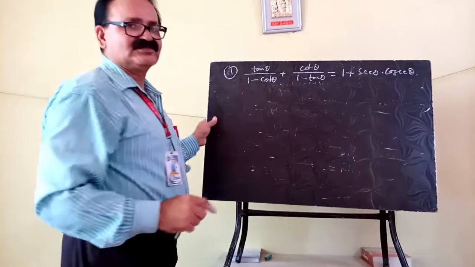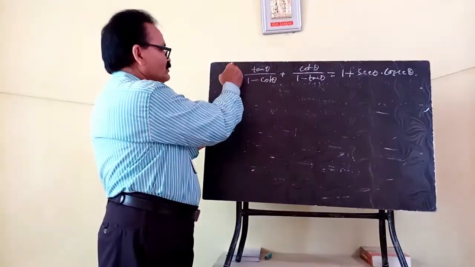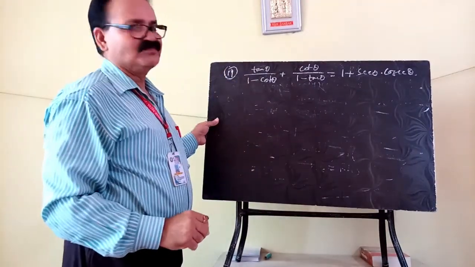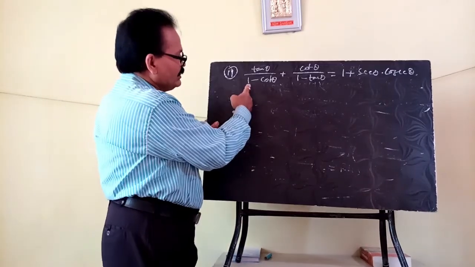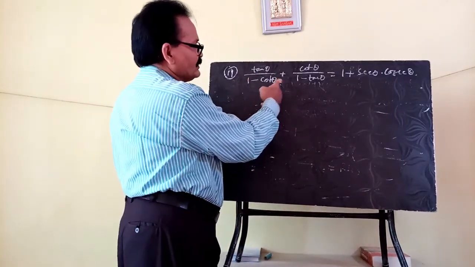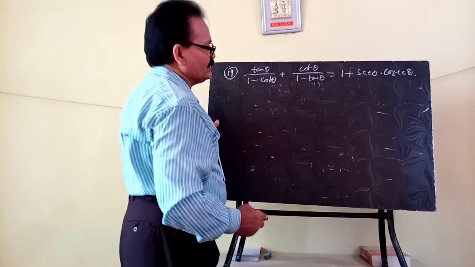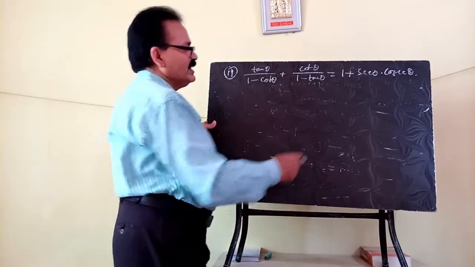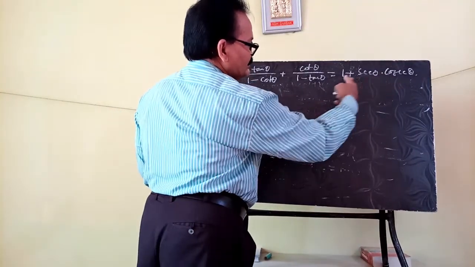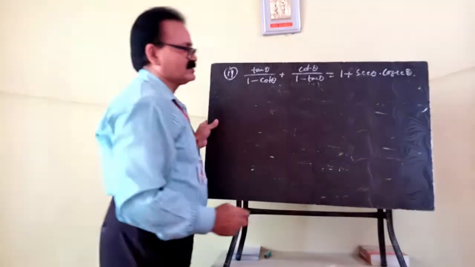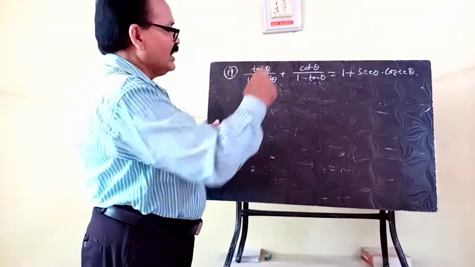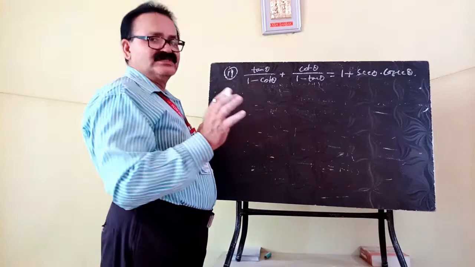So your next question is question number 2. This is also one of the important and tricky questions. Here you see tan theta by 1 minus cot theta plus cot theta by 1 minus tan theta, and in the RHS it is 1 plus sec theta into cosec theta. Clear? Now you have to think how to solve it.